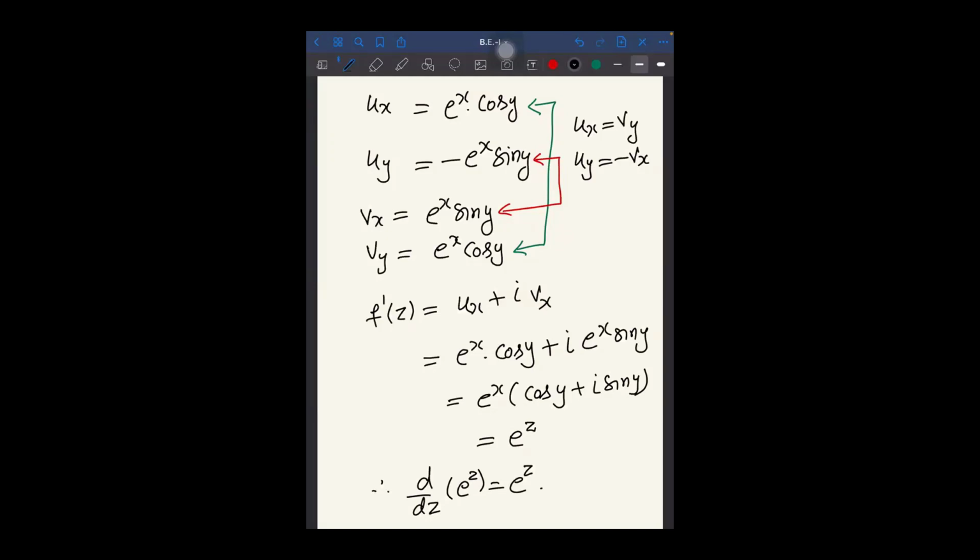So we can find the modulus of this function. We can find the argument and the conjugate of this function, that we can do. So I'll quickly come to those things. First of all, let's say algebraic properties of e^z.